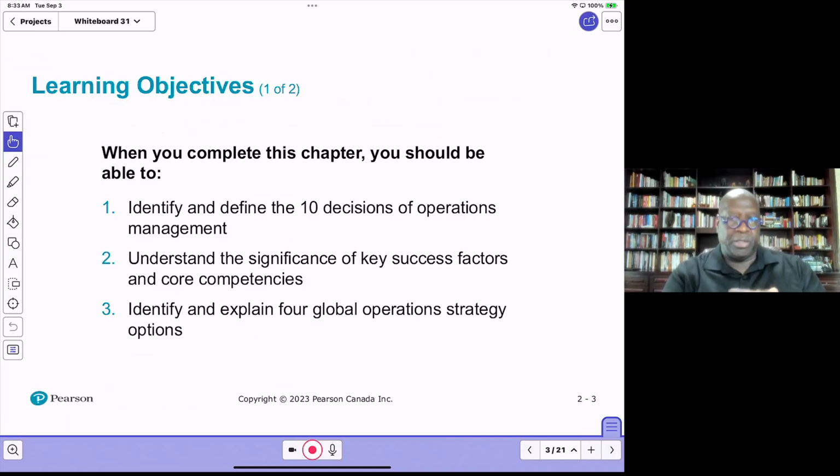So in this section, we will focus on identifying the 10 decision areas of OM or operations management. We want to understand the significance of what we call key success factors and core competencies, which really speaks to the kind of capabilities the organization needs to have in its operating infrastructure.